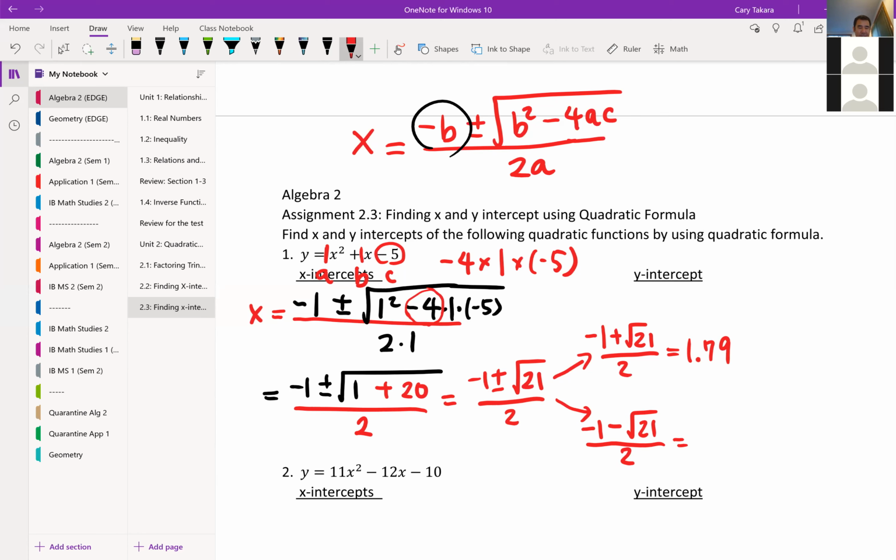The other one is -1 minus the square root of 21, and then enter, divide by 2. And I get -2.79. So those are the x-intercepts. And then the y-intercept is going to be -5.